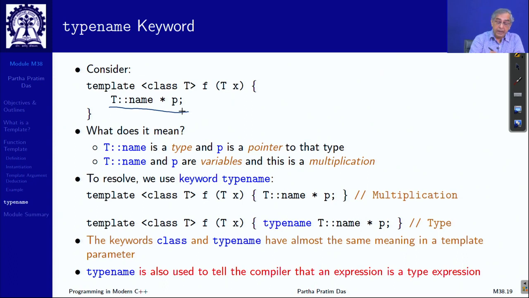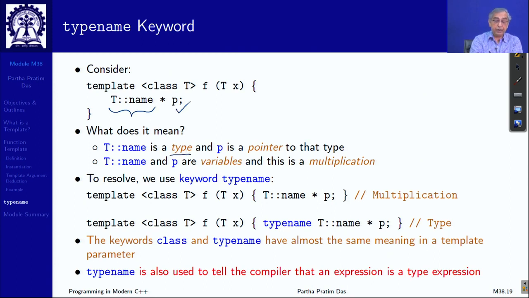One is, I can think that T::name is a type. T is a type, within that I have done some typedef, I have another type. So, T::name could be a type.